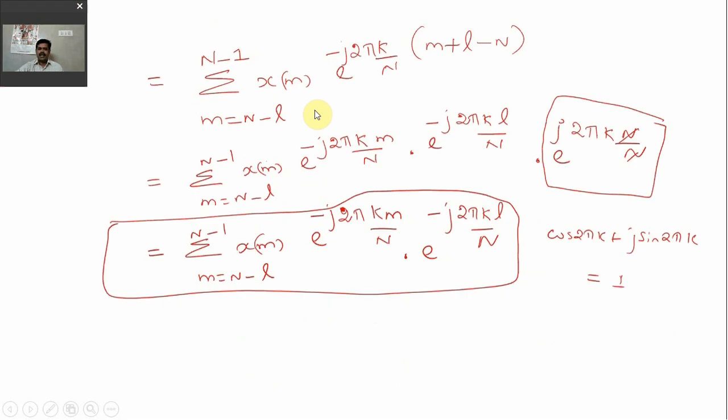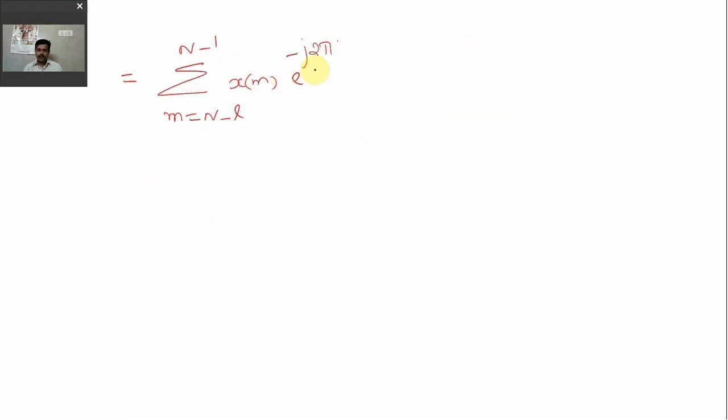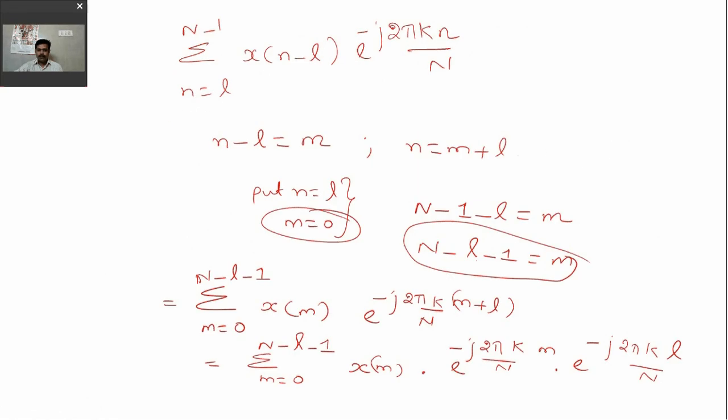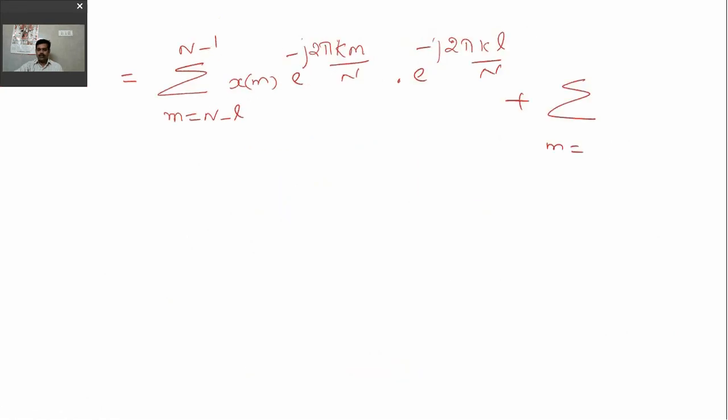x of m into e to the power minus j 2 pi k m by n into e to the power minus j 2 pi k L by n, plus the second term, what is the second term, m is equal to 0 to n minus L minus 1 into e to the power minus j 2 pi k m by n into e to the power minus j 2 pi k L by n.